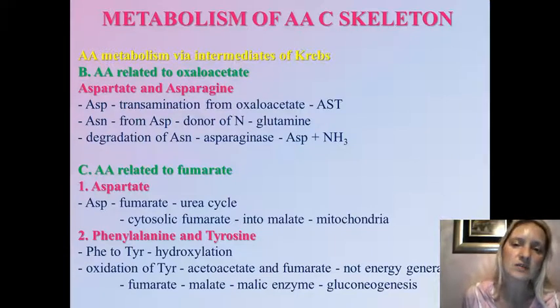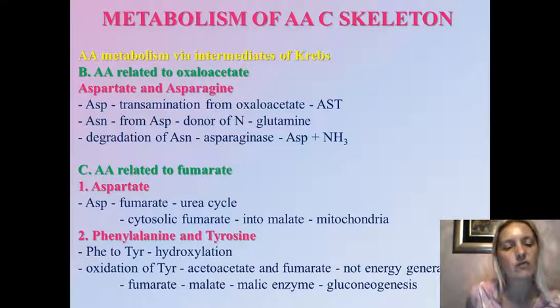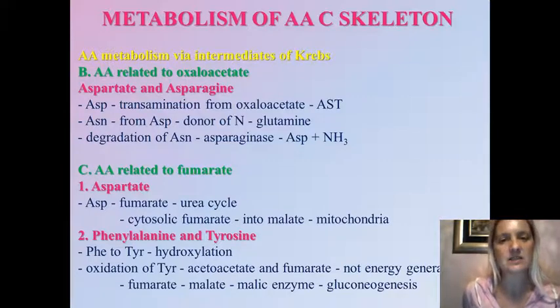Phenylalanine and tyrosine also can catabolize to form fumarate, and the first step is hydroxylation of phenylalanine to tyrosine, followed by subsequent oxidation of tyrosine to acetoacetate and fumarate.